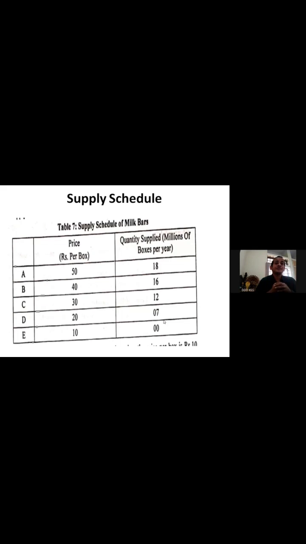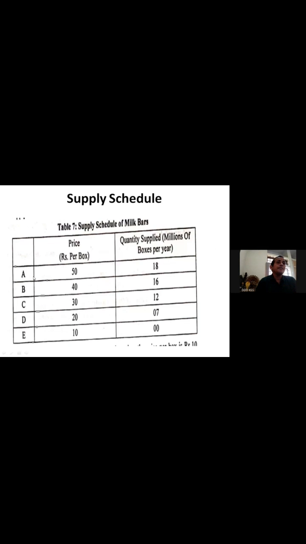Now, the same thing we are going through with the supply schedule. In the supply schedule, we have taken the example of milk bars, considered per box.